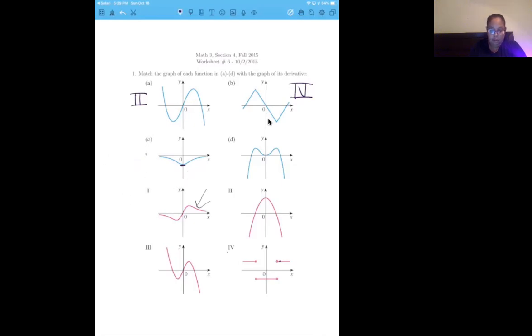All right, so this is 1. And then obviously 3 is D, but let's take a look at it. So I have a horizontal tangent line here, horizontal tangent line here. So it should go through the x-axis there.